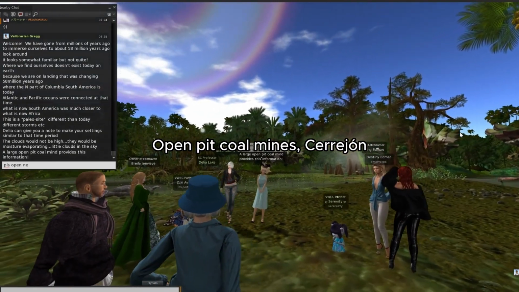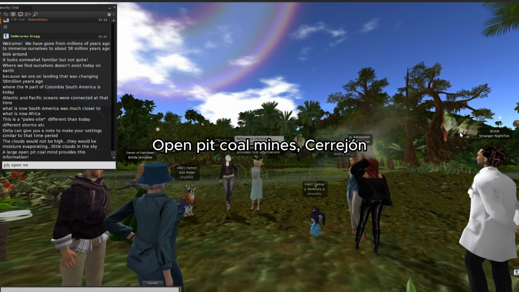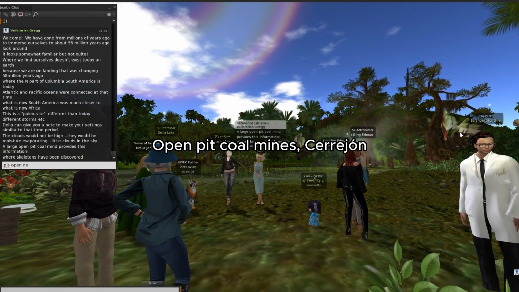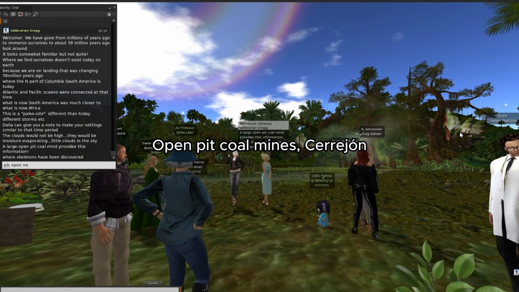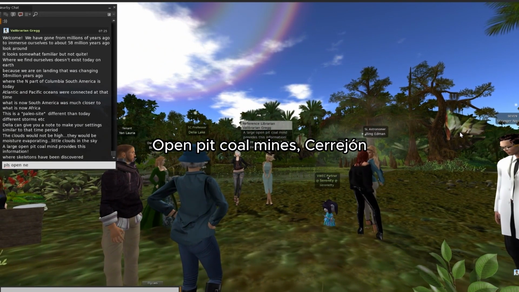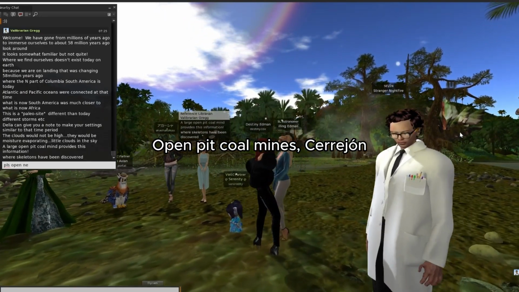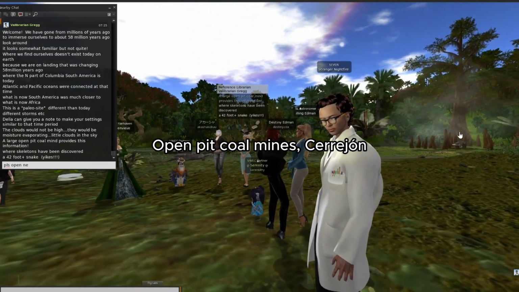Amazing. A 42-foot plus snake that is, in a way, similar to today's anacondas, but much, much, much bigger. Yikes.